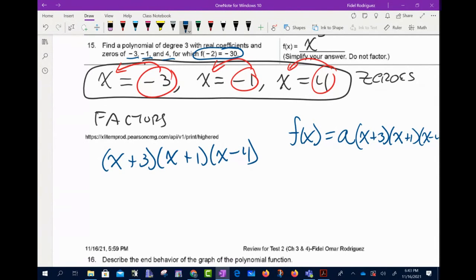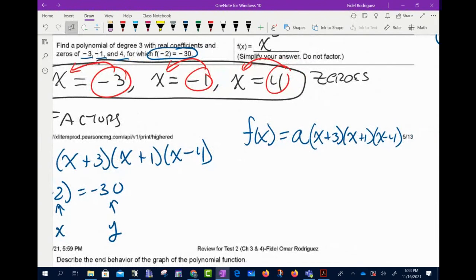This is the part that we've got to do next. So remember, when it says f of -2 equals 30, or -30, I'm sorry. Remember what this means. This is the number that I'm plugging in for x. That's what my answer is for y.